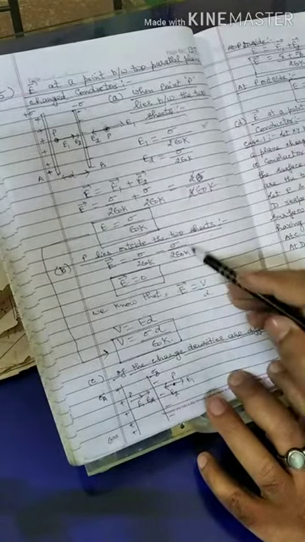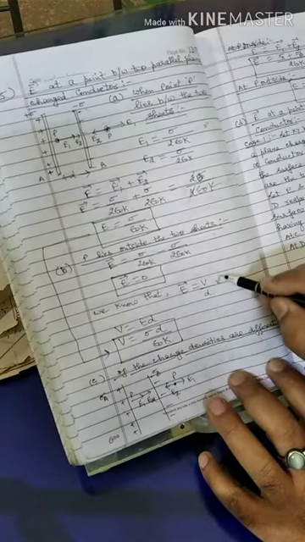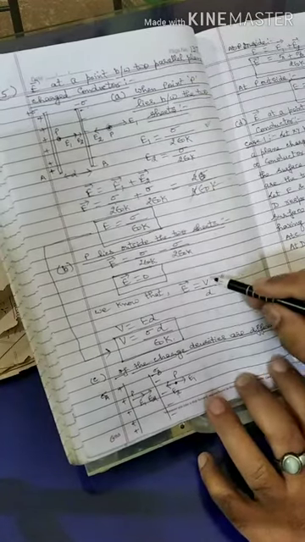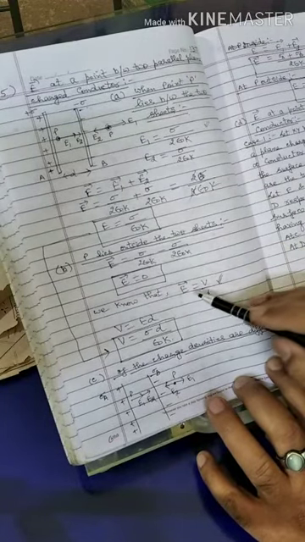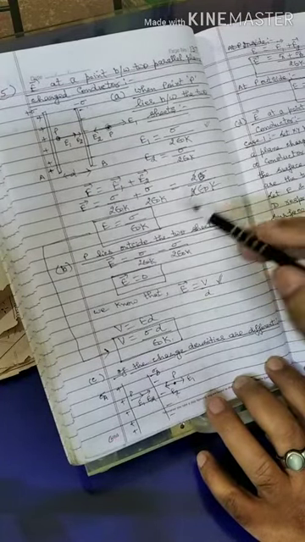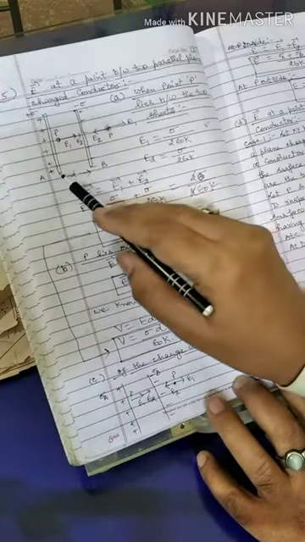We know that electric field is equal to electric potential upon D. Children, there may be a little problem here; for now just remember this formula, and later we will see the relation between electric field and potential. And what is D? D is the distance between these two plates. Sometimes it is denoted by R also, so don't get confused.